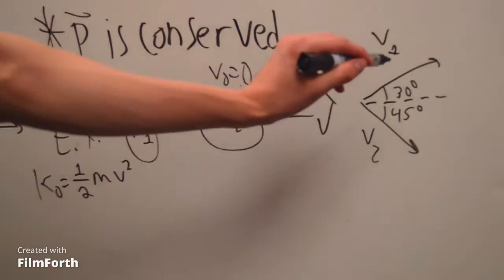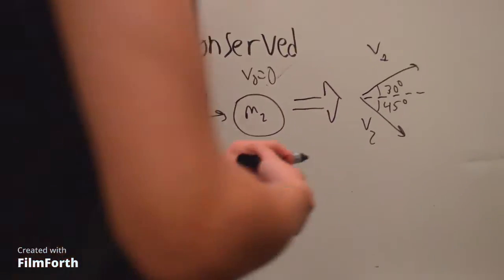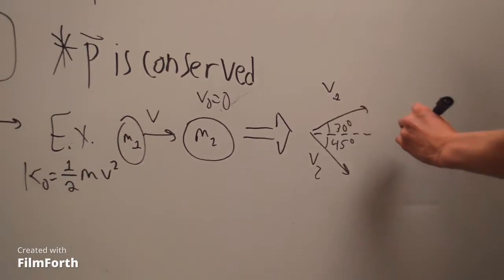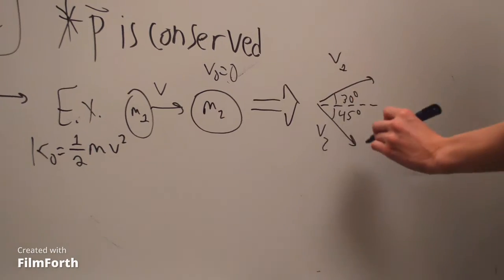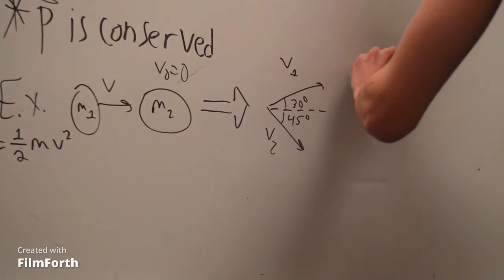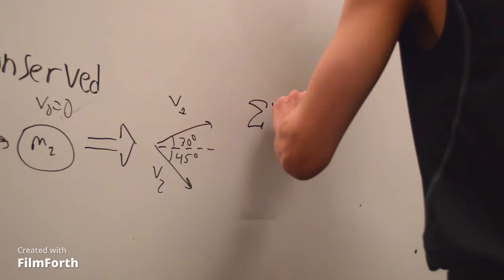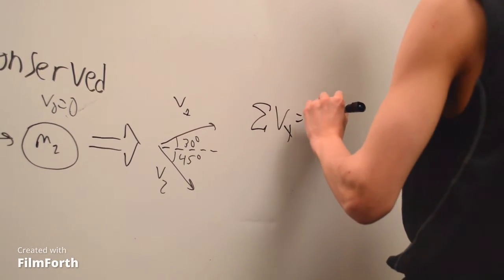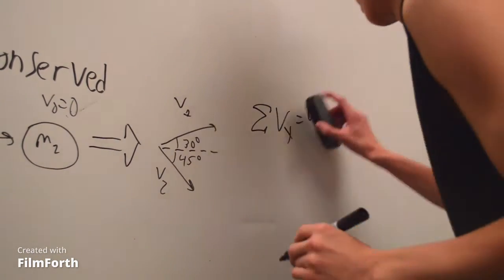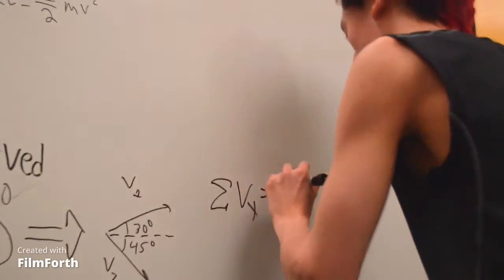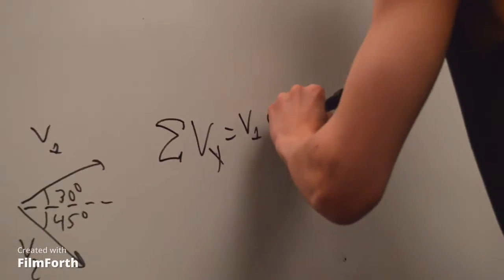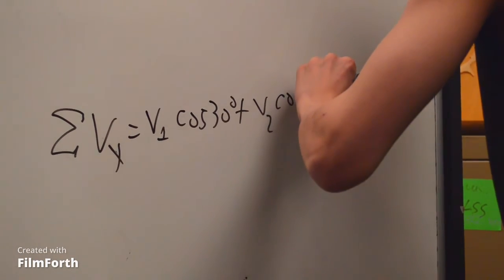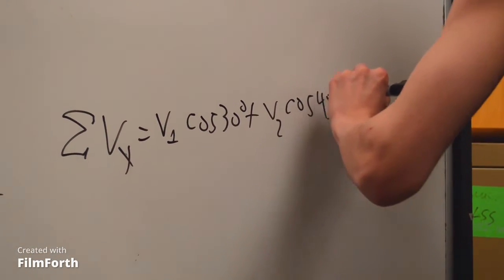So if we look at our final velocities, I see that I can split these into components. So the horizontal component, let's find the sum of the components. The sum of the horizontal velocities equals v1 cosine 30 degrees, where cosine 30 degrees is root 3 over 2, plus v2 cosine 45 degrees, where cosine 45 degrees is the same as sine 45 degrees, which is root 2 over 2.